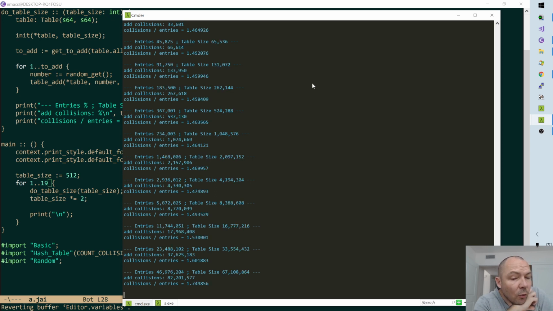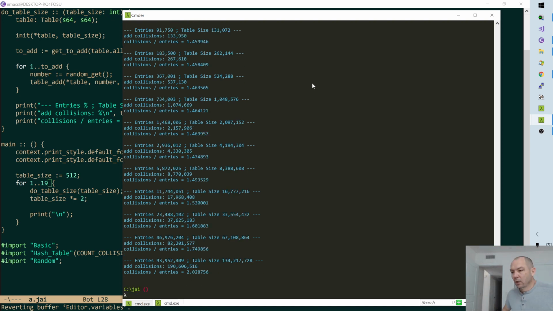Now, one thing we could do, like, if this is actual science, right, then as the table gets bigger, we could drop the load factor to compensate and get fewer collisions. The problem is that, well, that takes more memory, right?